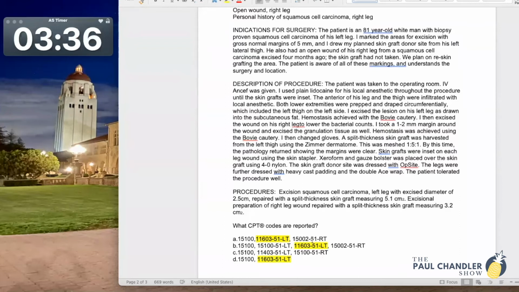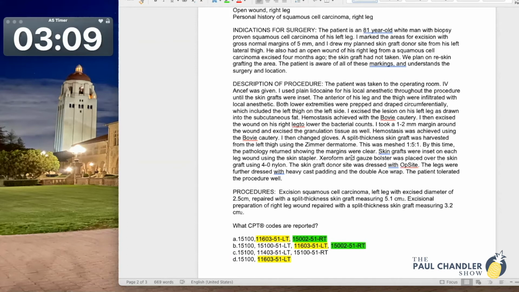And 15002 is in there twice. So right now I'm liking Alpha because it has only 3 codes. Okay, so I know 15100 has to be right, so I'm going to look at 11603.